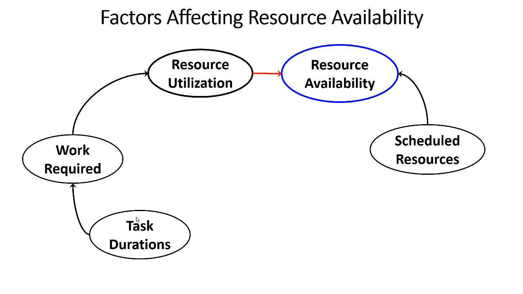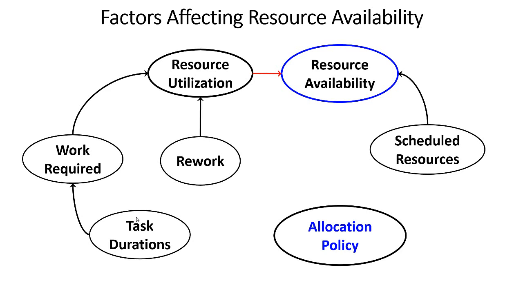So if your task durations in a project increase, you're going to have more work required. So that's a primary driver to the amount of work that you have to do. Also, rework. Rework directly affects the amount of utilization of your resources. It's just simply more time that they have to spend redoing tasks that have been done already.